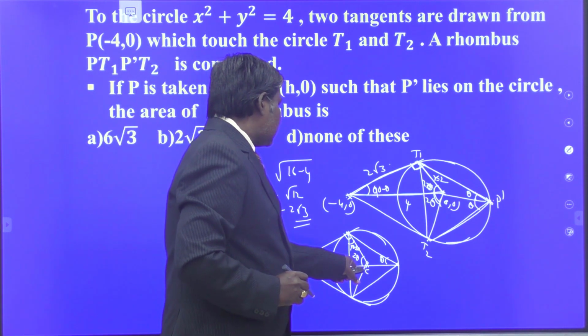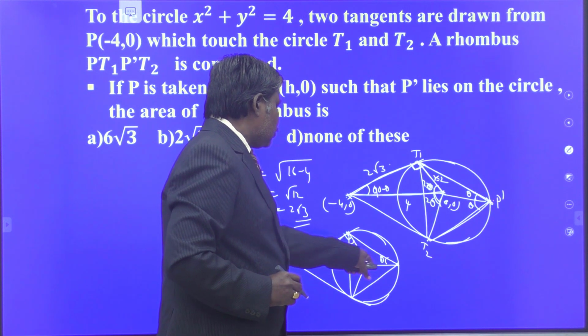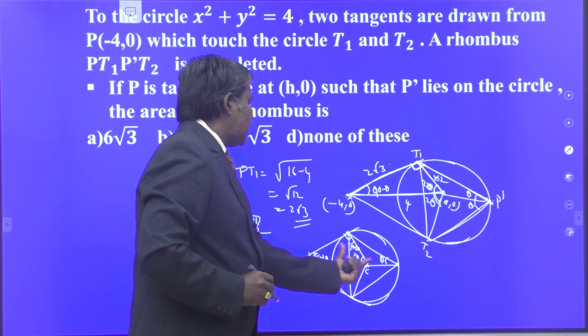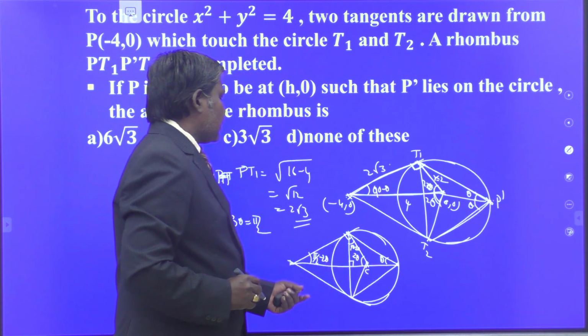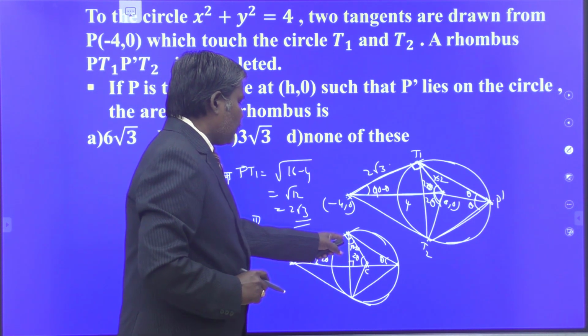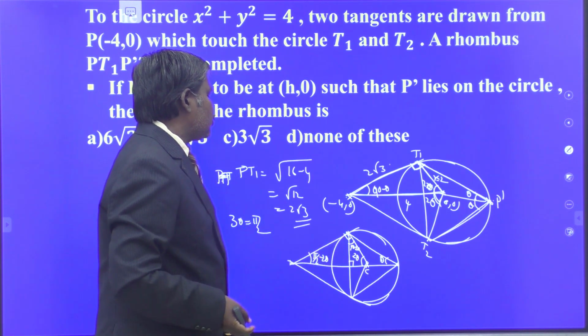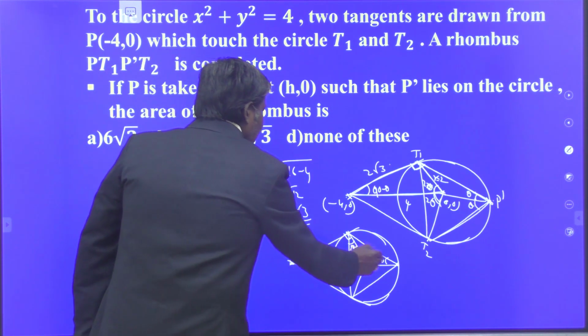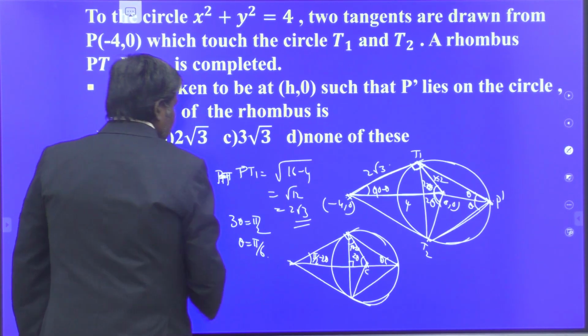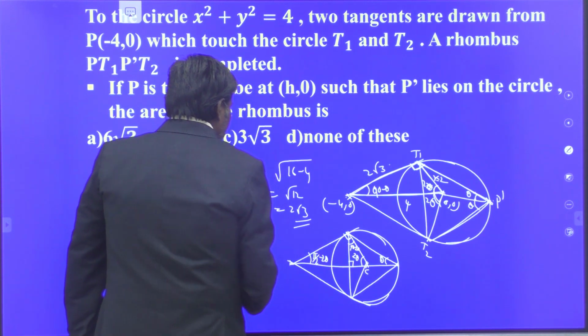Because this is theta, this is 2 theta, am I correct or not? Theta plus 2 theta is how much? 3 theta. Sum of two interior angles is equal to the opposite exterior angle. This is the opposite exterior angle, that is equal to 90 degrees. So 3 theta is equal to 90 degrees. Theta is equal to what? Pi by 6. So theta is equal to pi by 6.